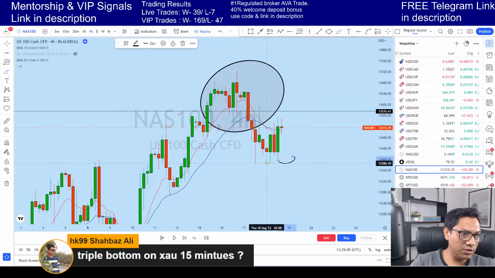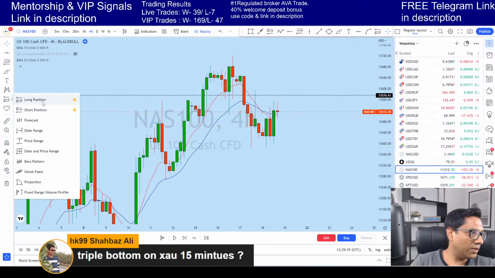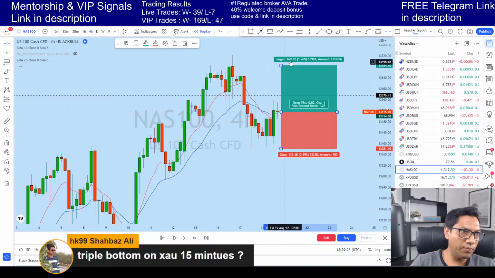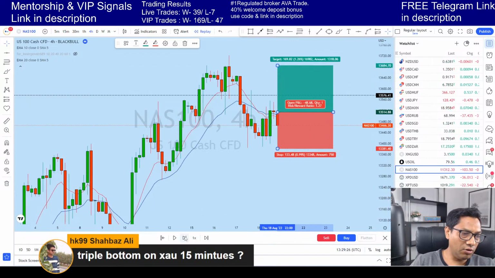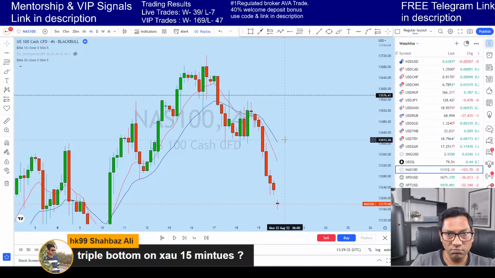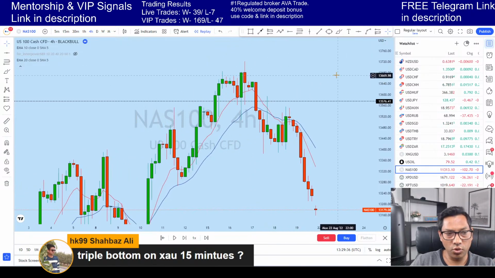There's a triple bottom, right? Now you might say, okay, I saw a triple bottom, Forex Wizard, can I buy? Let's buy, stop loss below this low, take profit here, and then you're going to get a stop loss hit, right? So triple bottom will not carry value. It will carry value when it is in an important area, right?